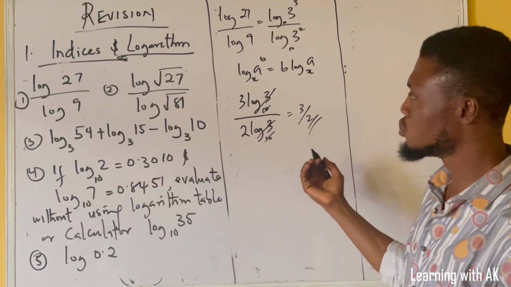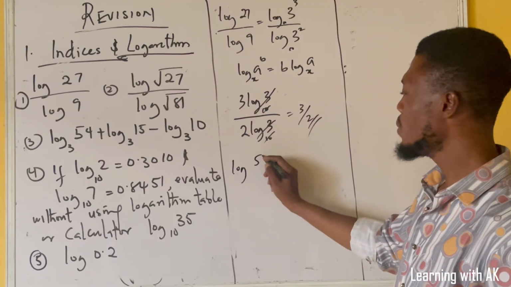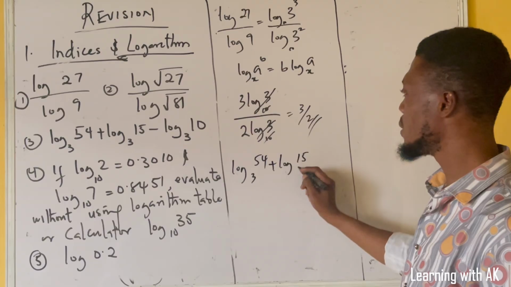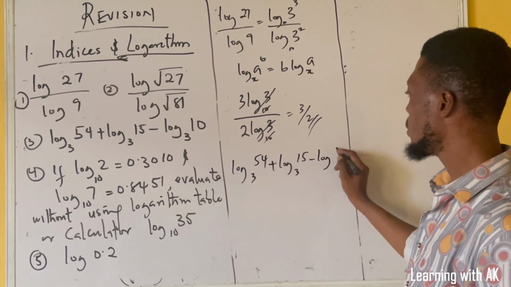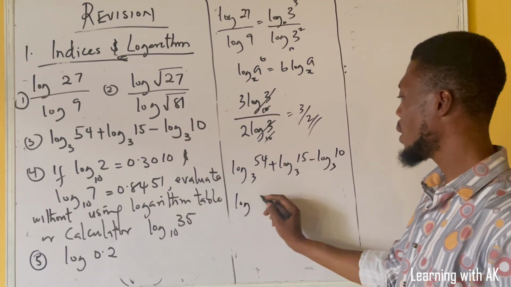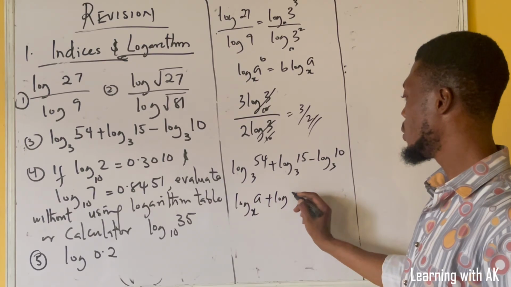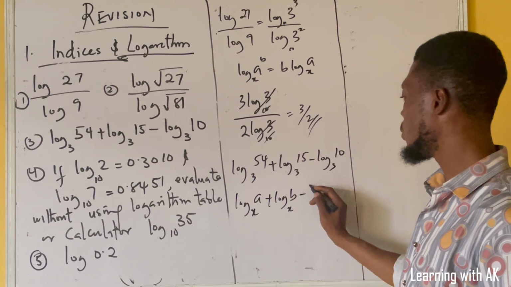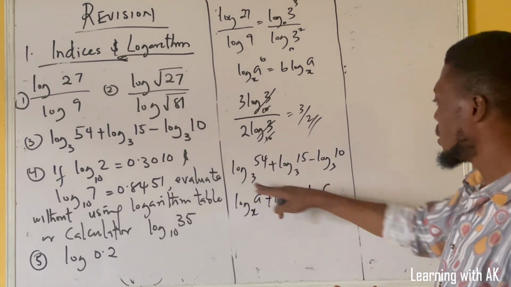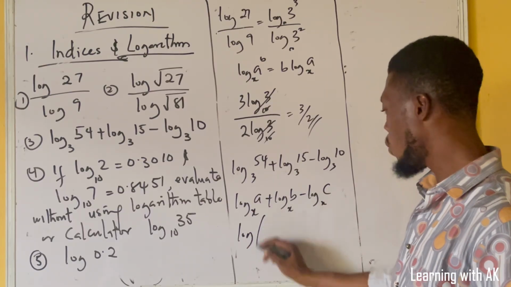This same rule. Okay. So you have log 54 base 3 plus log 15 base 3 minus log 10 base 3. The law says that if you have log a base x plus log b base x minus log c base x, and that's why they all have the same base, the same 3, it's advisable to do log open bracket.